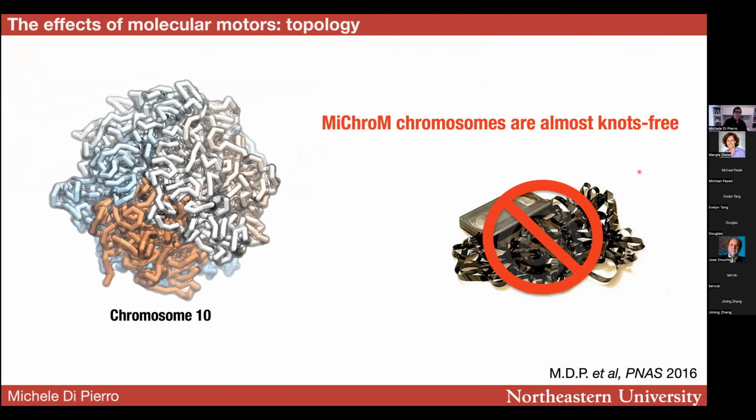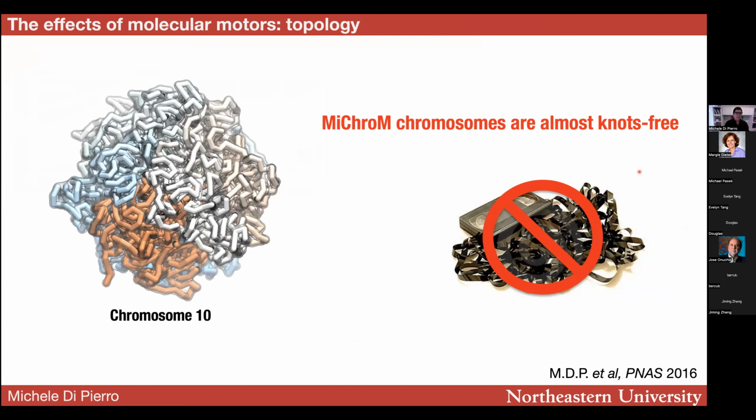Another unexpected feature of our structural ensembles is that they don't have a lot of knots, and this was assumed a posteriori, because if there are a lot of knots in chromosomes, then you expect that it's going to be difficult to separate the chromosomes during mitosis.